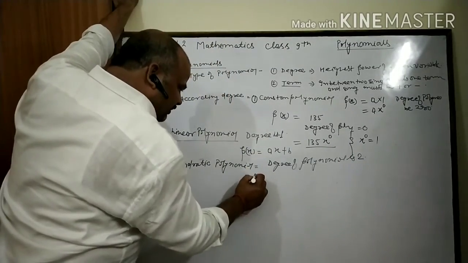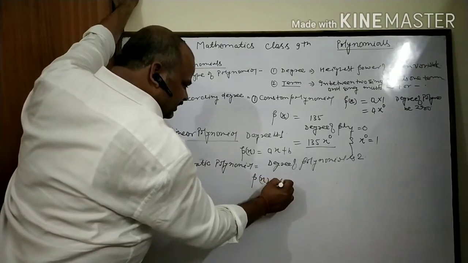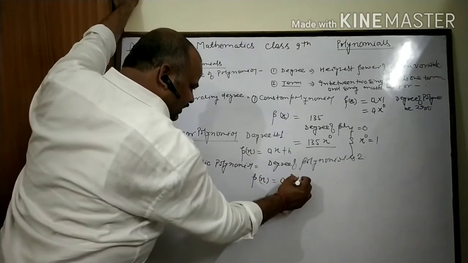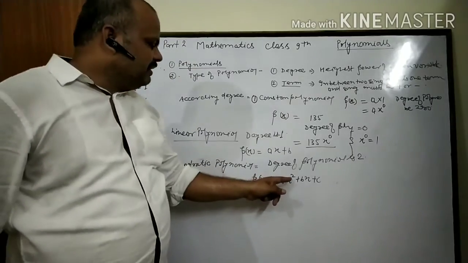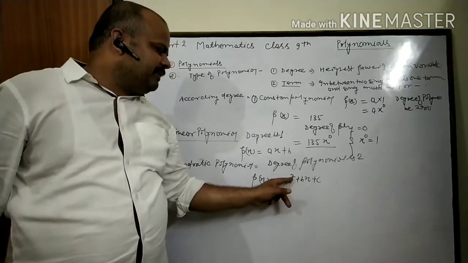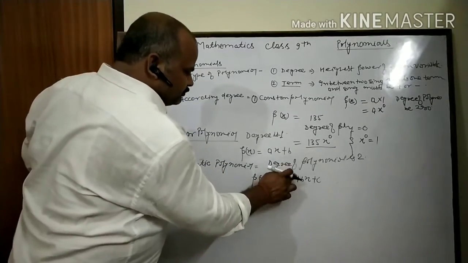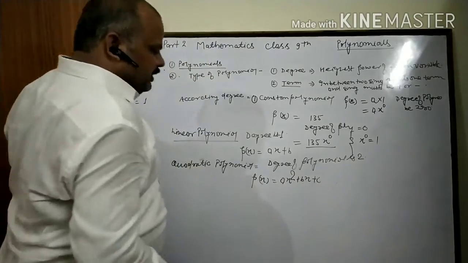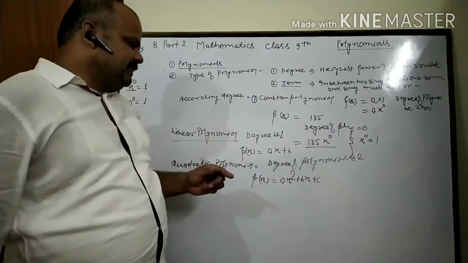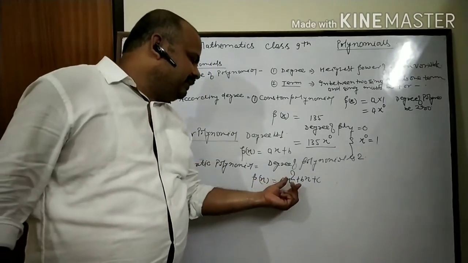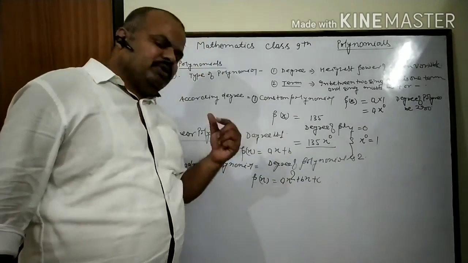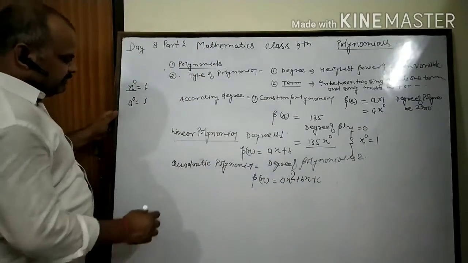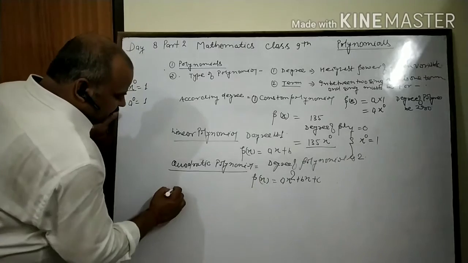And the standard form of the quadratic polynomial is ax square plus bx plus c. Here the highest power of x is 2. It means if you can find the roots, then you have two roots, two zeros and two factors of the polynomial.